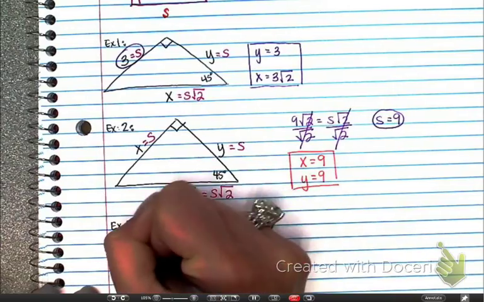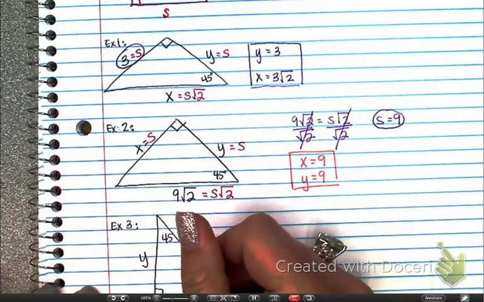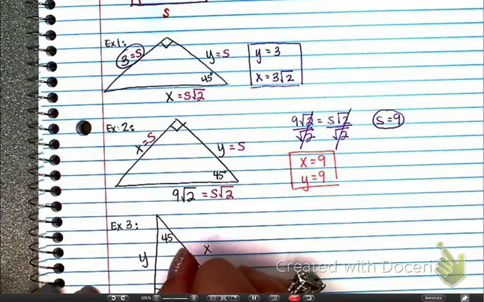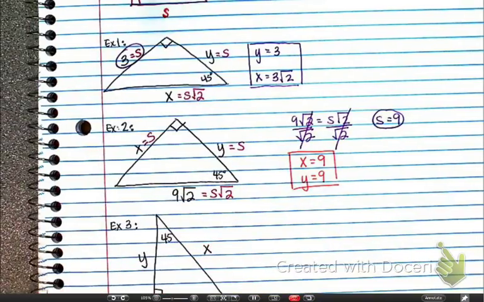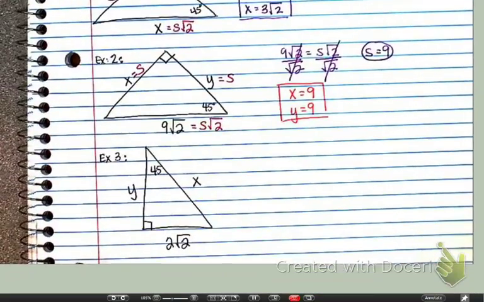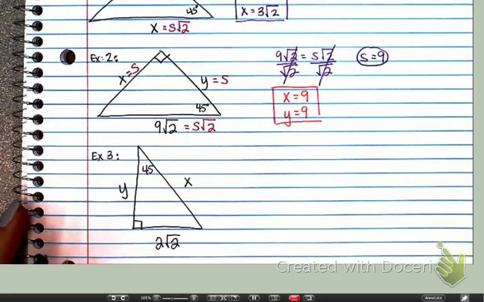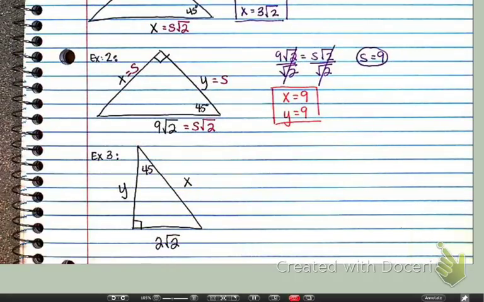Last one we're going to look at. I would like you to take a quick second and label all of your sides.